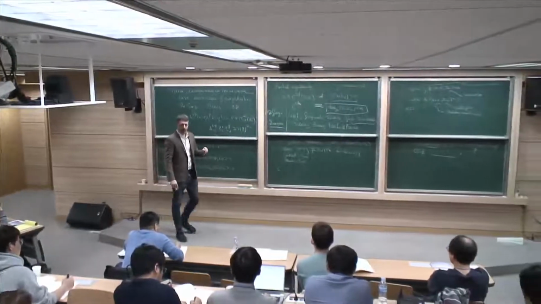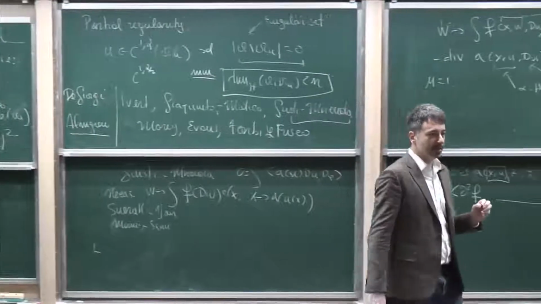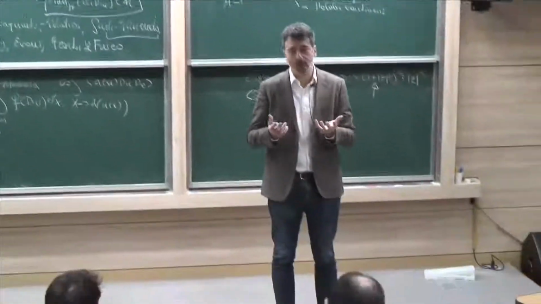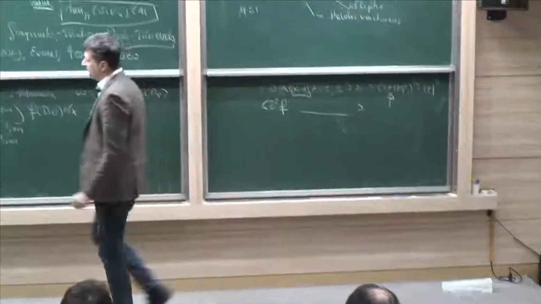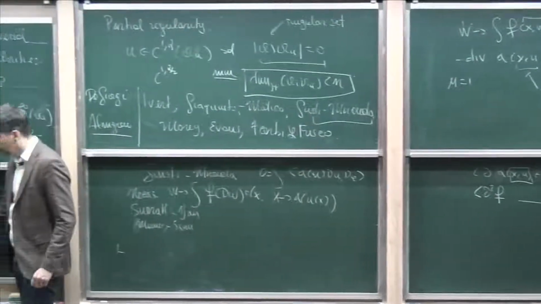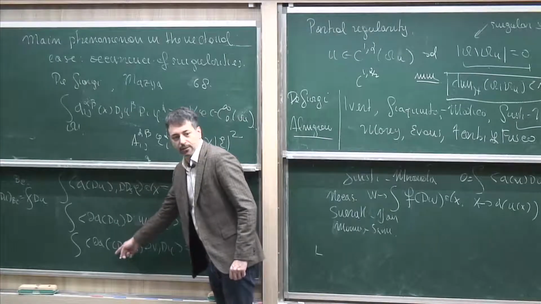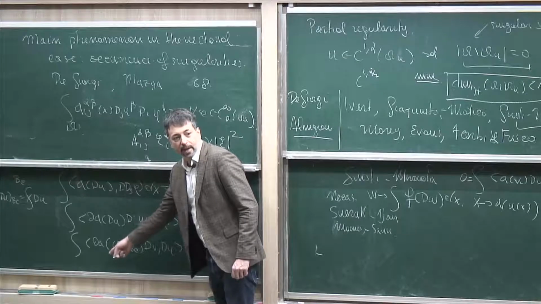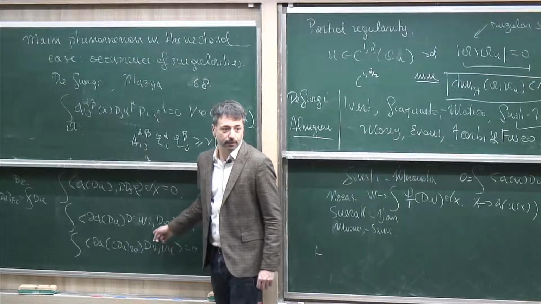And now I remember that the basic property of elliptic operators is stability. So when two operators are close, solutions should be close. So I have that W is close to V if this object is close to this object in a ball B_ρ. And therefore, if V is good, W must be good too.